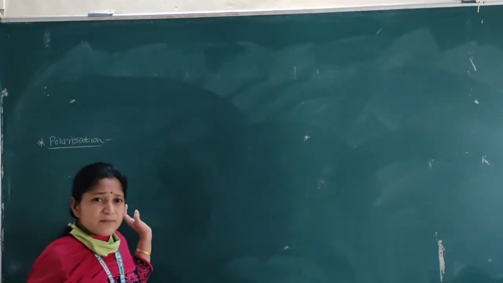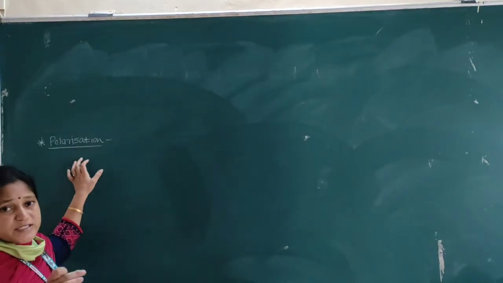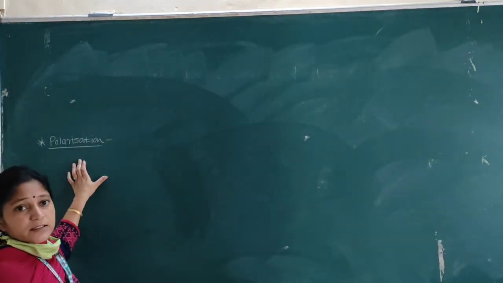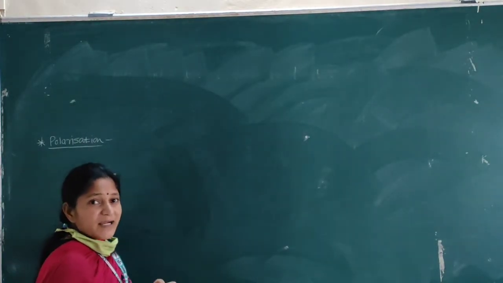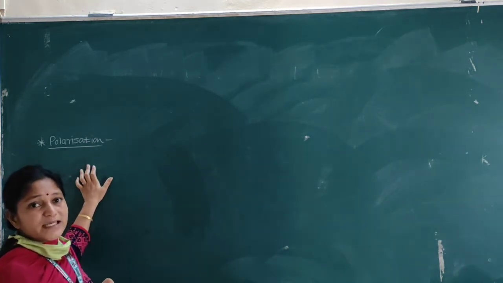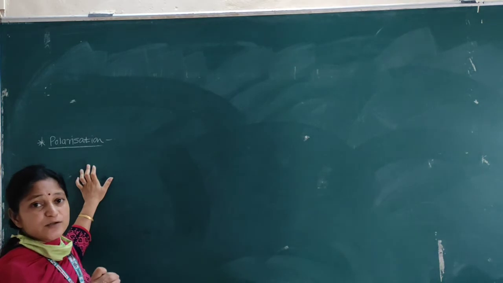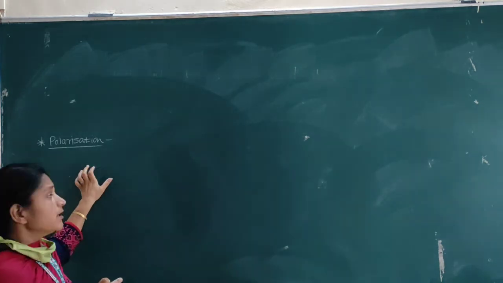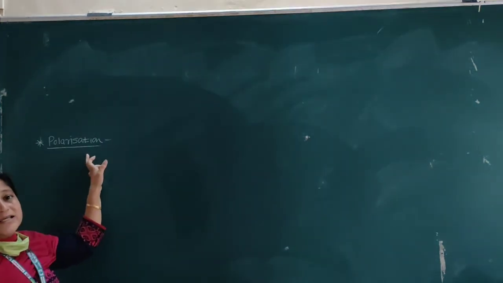Now, a very simple definition: polarization is the process in which vibrations of the particles of the medium are restricted only in one plane or only in one direction, then it is said to be polarization of light.